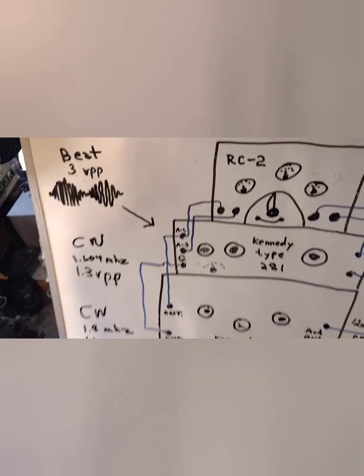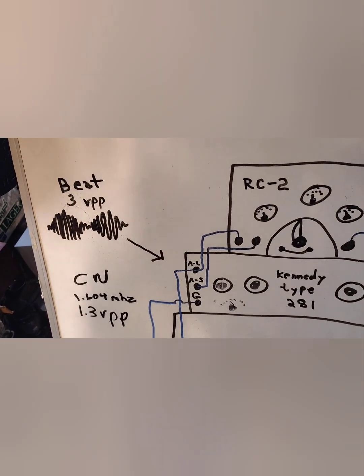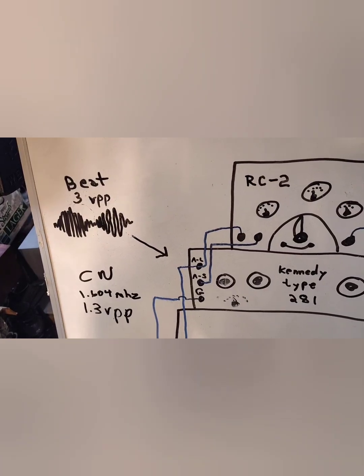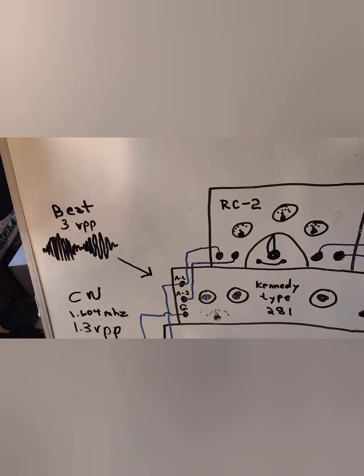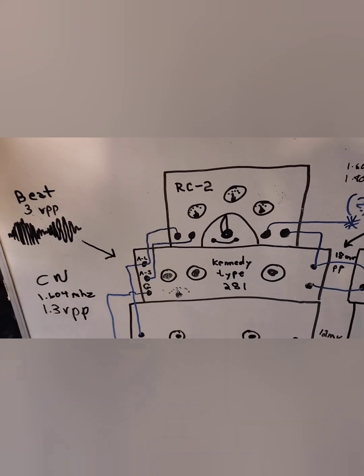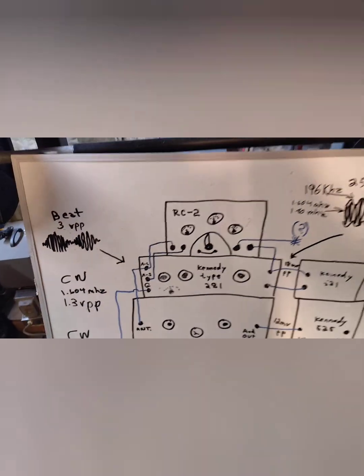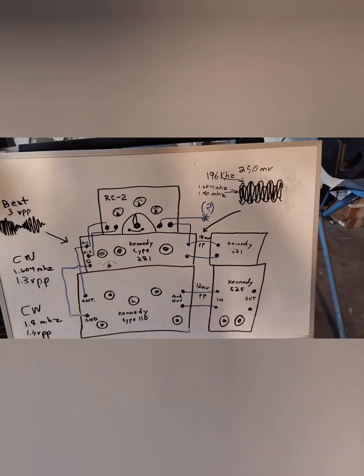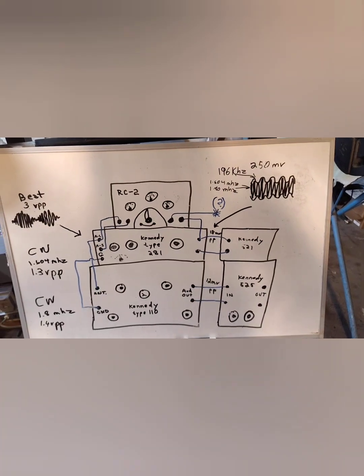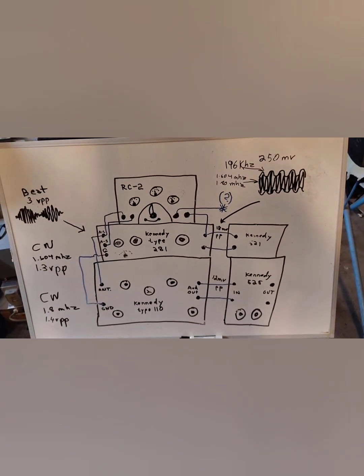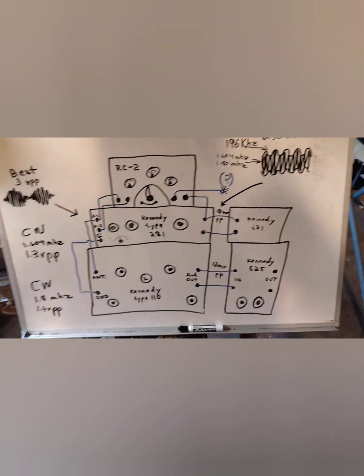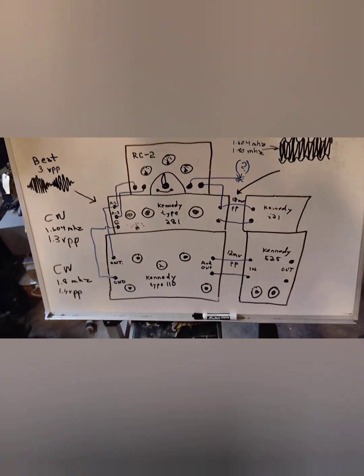And at this point, you would get a beat frequency, and I measured 3 volts peak to peak at the height of the amplitude. That's the most I could get out of it. Back 100 years ago when Rife was doing it, I'm sure his vacuum tubes were a lot stronger, and so he was probably getting more amplitude.